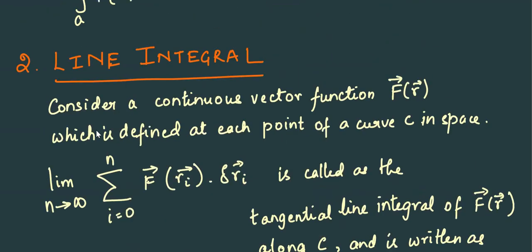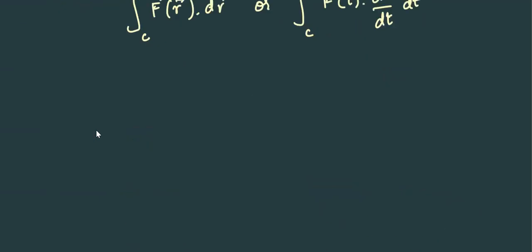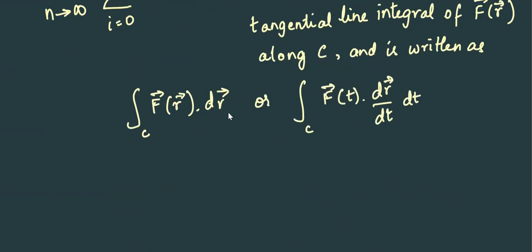So now let us look at this. So why is it called a tangential line integral? Because we know that dr represents the tangent, and any function dot another function is projection of one vector along the other.